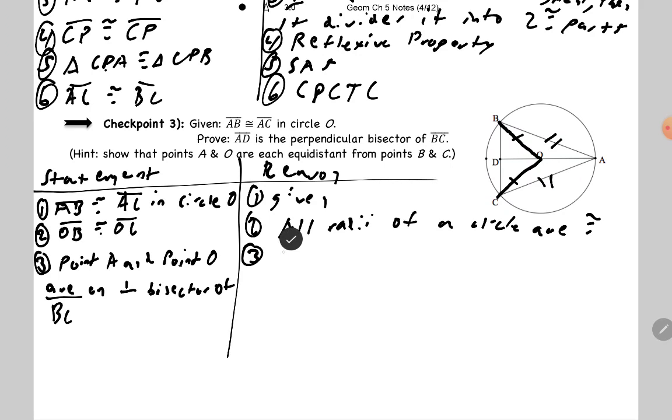So 3. So I'm just gonna write converse of the perpendicular bisector theorem.